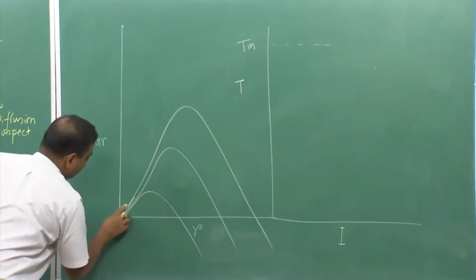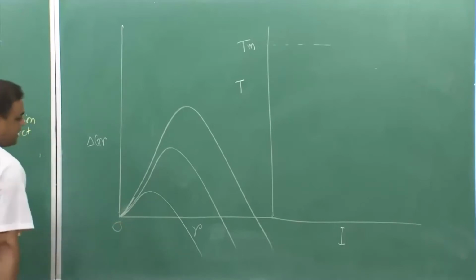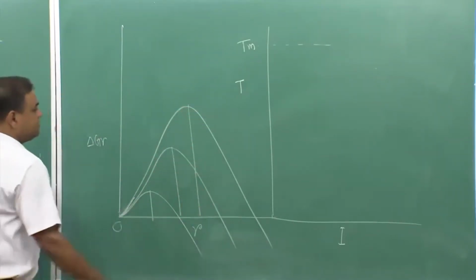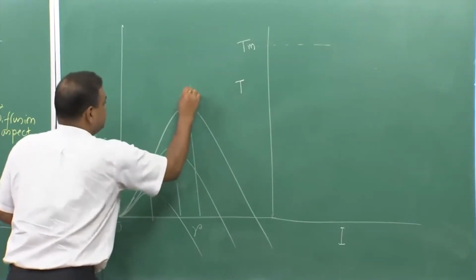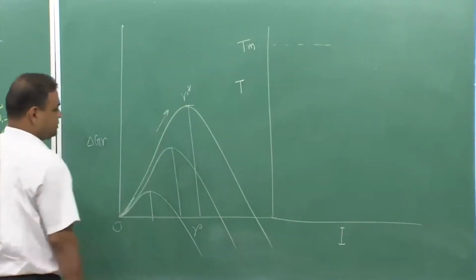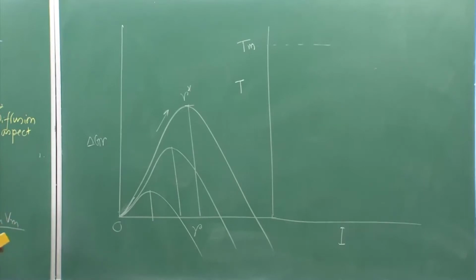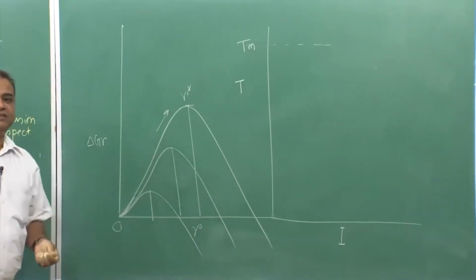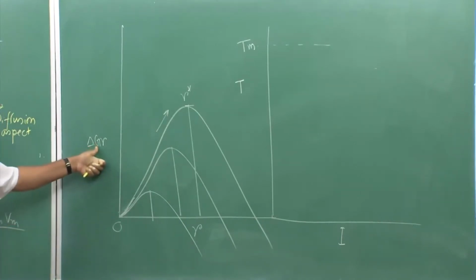All will emit from this particular 0 point, and you will see that R star is gradually increasing. Now, interestingly, we have to see what would be the temperature of those delta GR plots, because a delta GR plot is at a particular temperature.